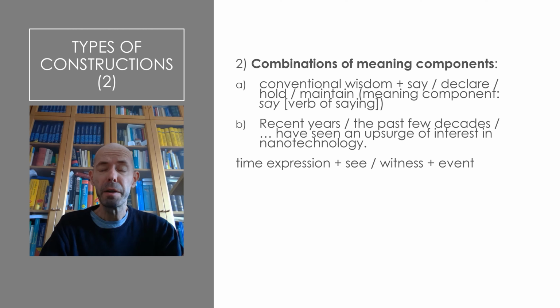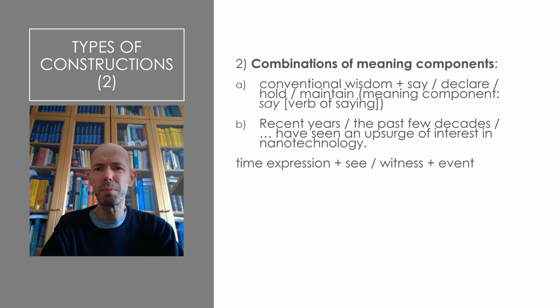So far we've been dealing with very simple combinations between words. For instance, assumption plus basic gives us the collocation basic assumption. There are more complex constructions which might be described as combinations of meaning components. We've already seen one. The conventional wisdom example, where we found that conventional wisdom is often combined with verbs of saying.